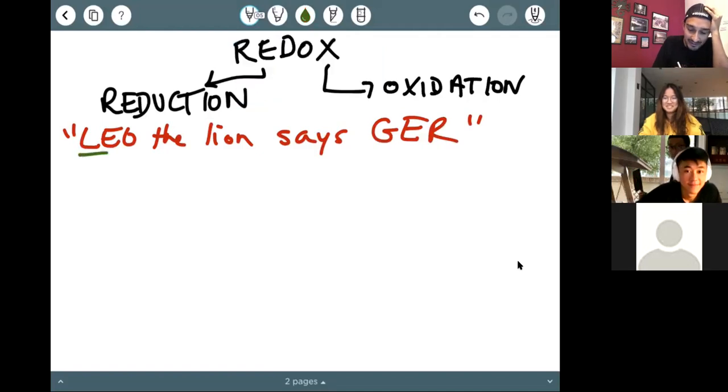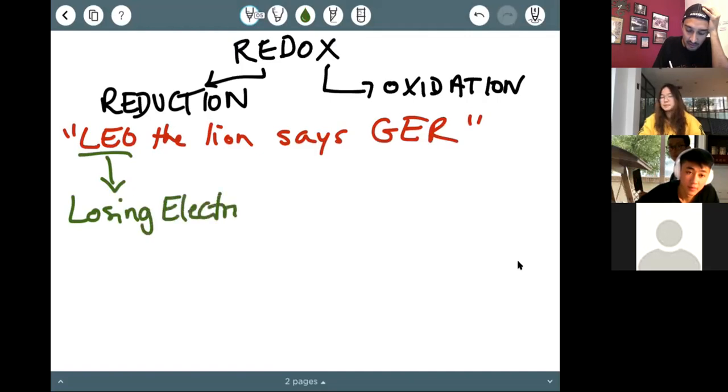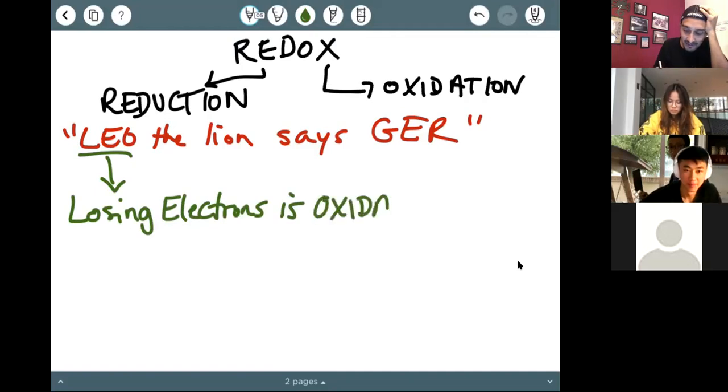Uh-oh. Lose electron. Losing. Oh no, spelling is important. Losing electrons is oxidation.